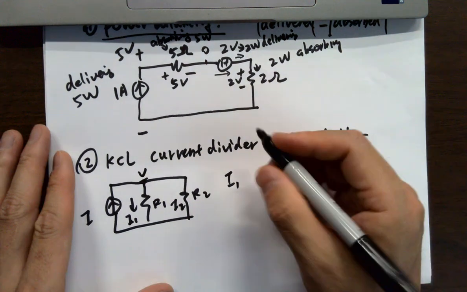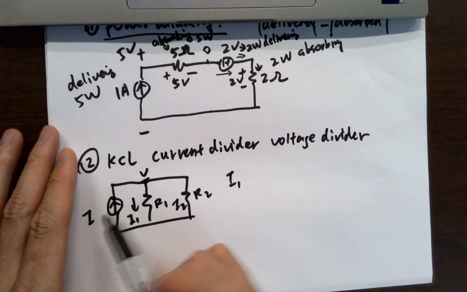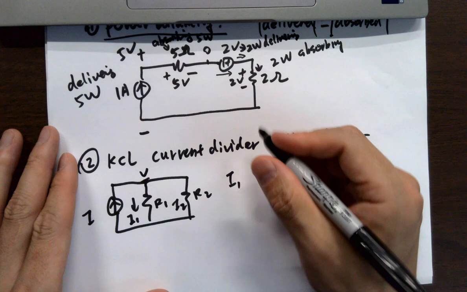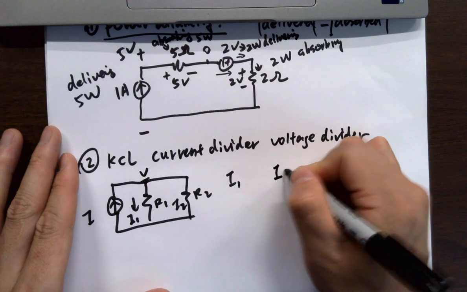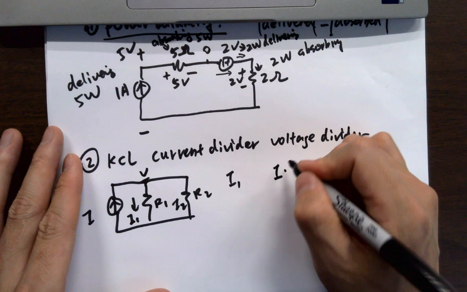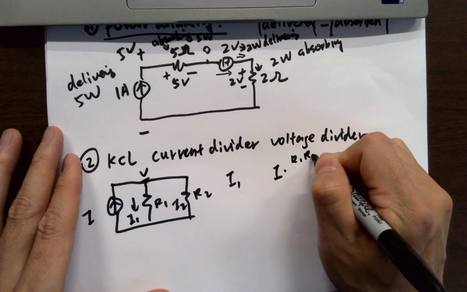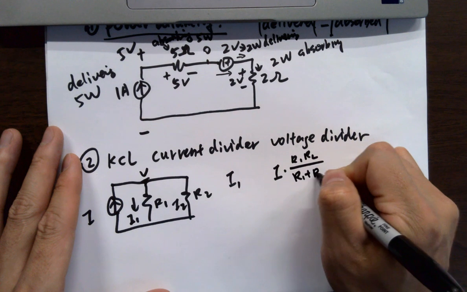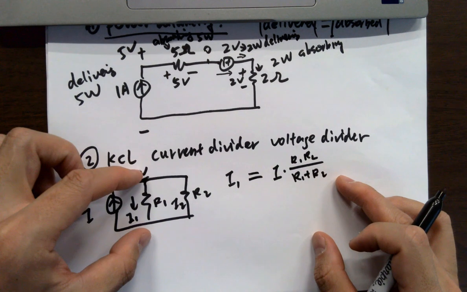So for I1, the first step is you just have to find out the voltage over here first, okay? Which is V equals I times the combination of the parallel resistors, which is R1 R2 over R1 plus R2, okay? That's the voltage across these two terminals.